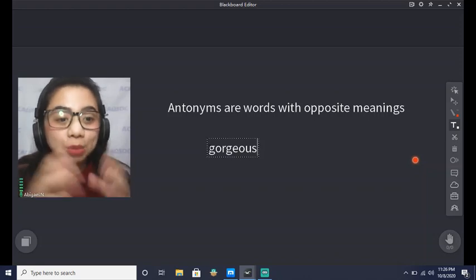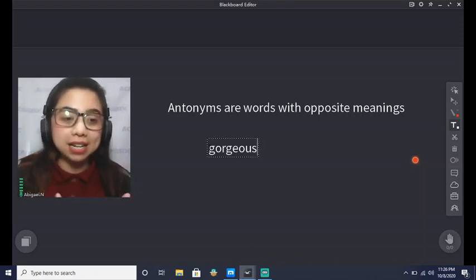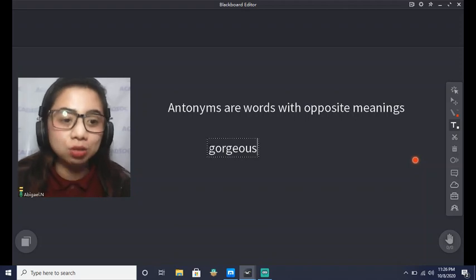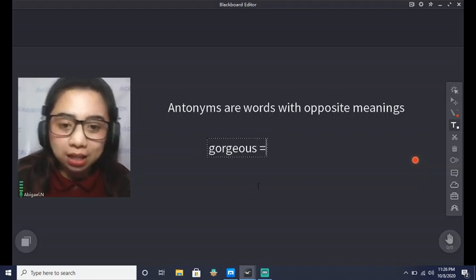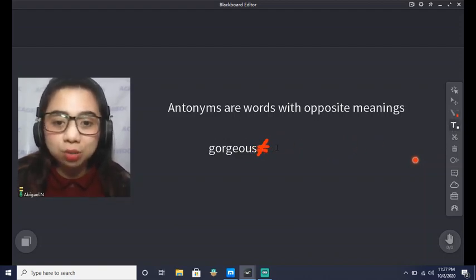It's like beautiful, very attractive. So gorgeous. What word is opposite to the word gorgeous? So let me just make a symbol like this. Okay, so the word gorgeous is opposite to.